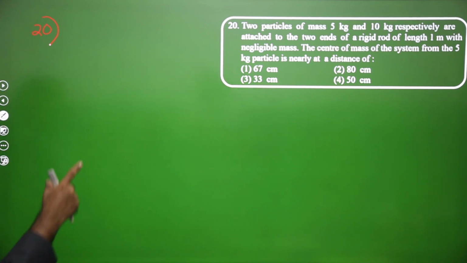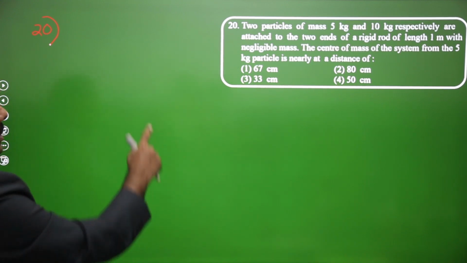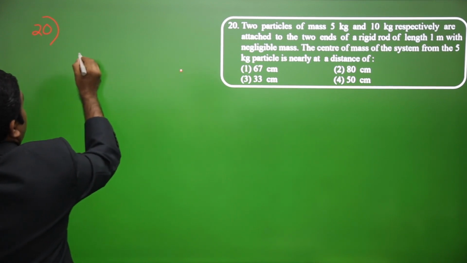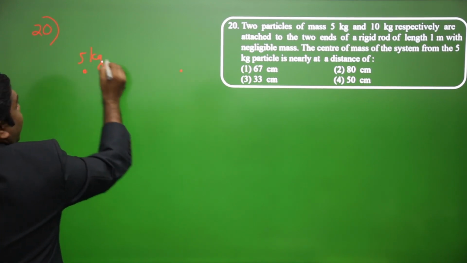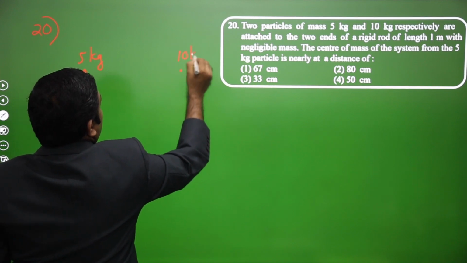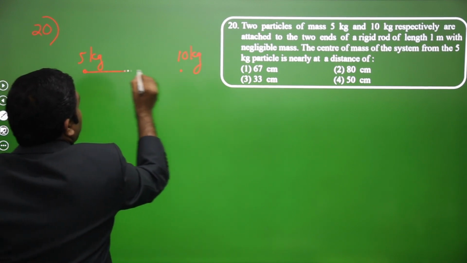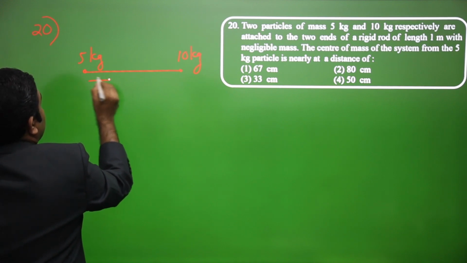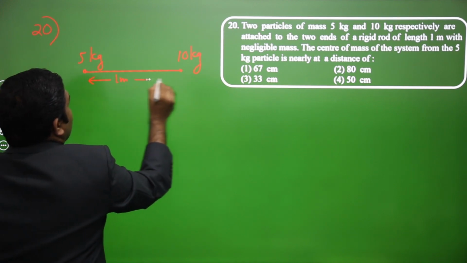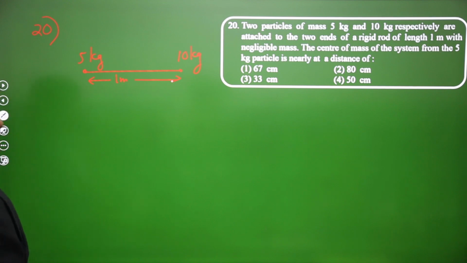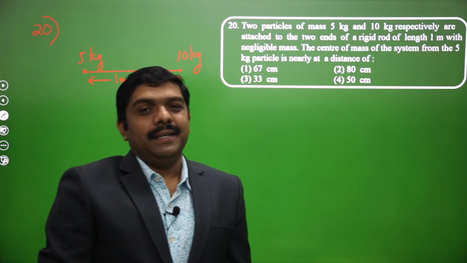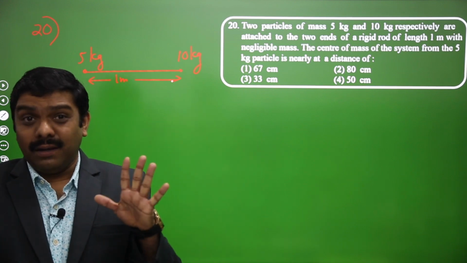Now, center of mass. Here two masses are given, 5 kilogram and 10 kilogram, separated by a distance of 1 meter. In order to find the center of mass, our method is to keep one mass at the origin.